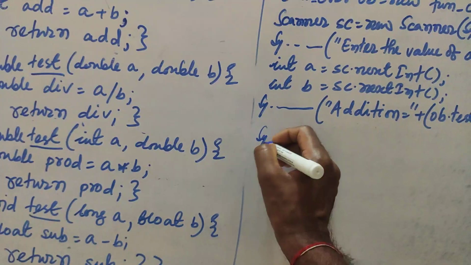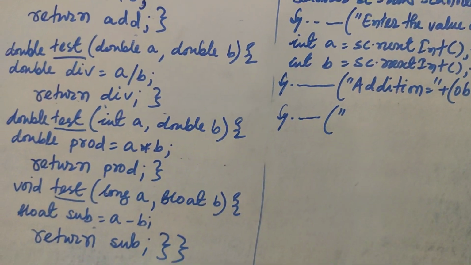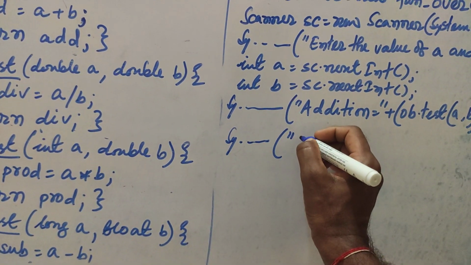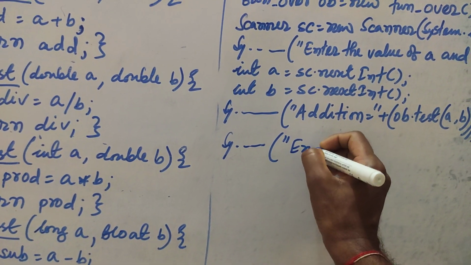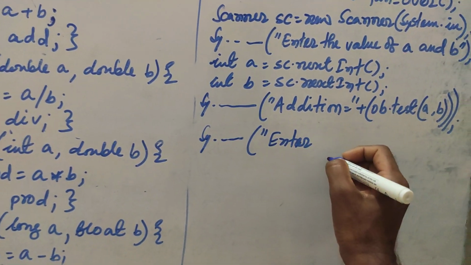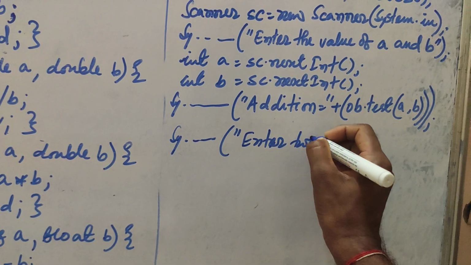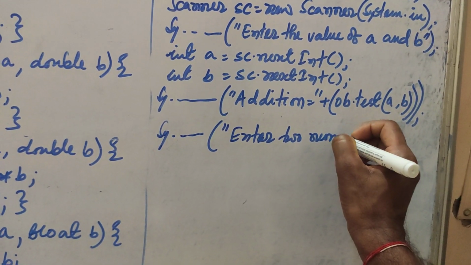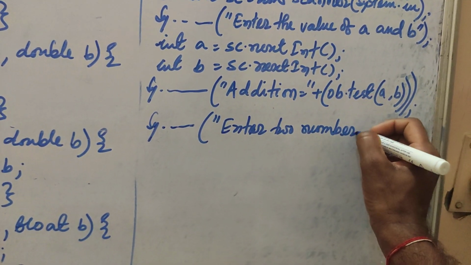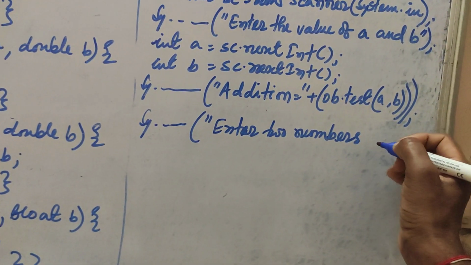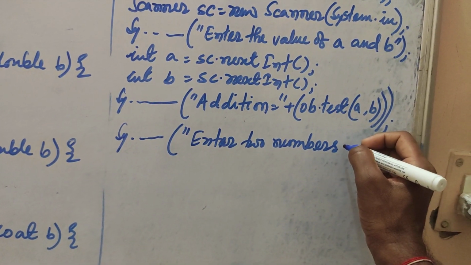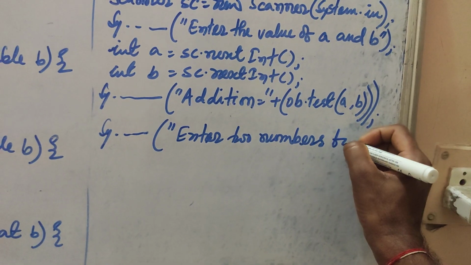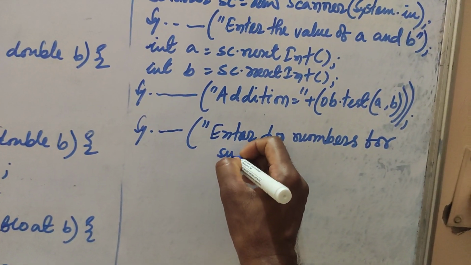Then system.out.println enter two numbers. See, anything we can write. Enter two numbers for subtraction.